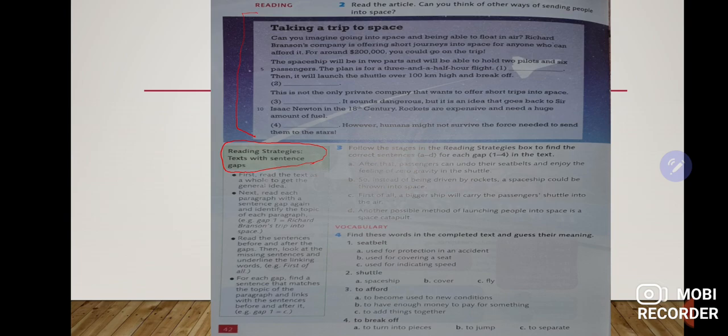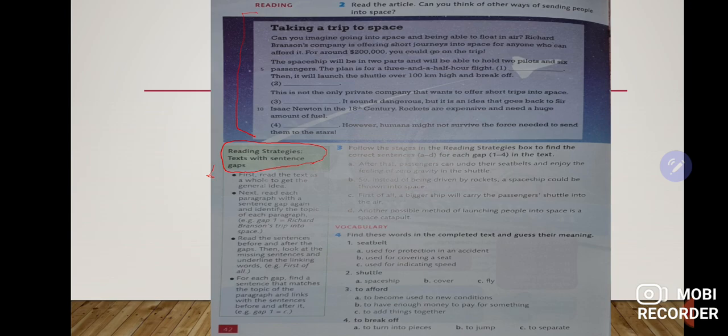First, read the text as a whole to get the general idea. In order to have a general idea about the whole text, we need to read it quickly in order to catch some words. This is the first time in reading as a whole. The first step. 2. Next, read each paragraph with a sentence gap again and identify the topic of each paragraph.